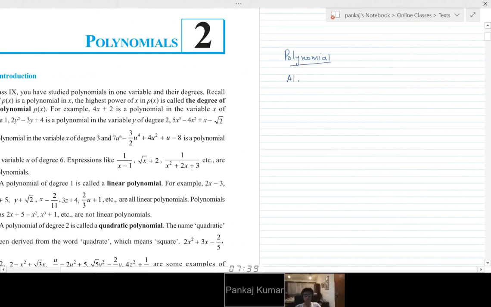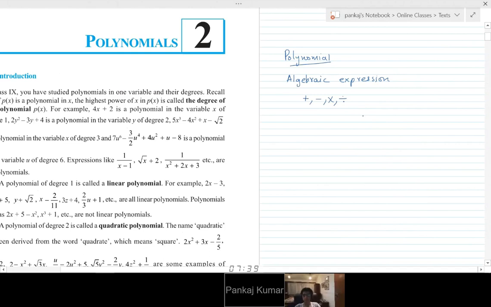So what is an algebraic expression? An algebraic expression is nothing but something which involves terms with these mathematical operations.